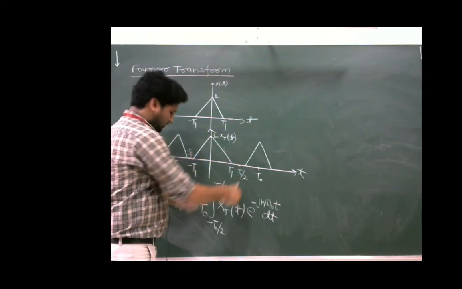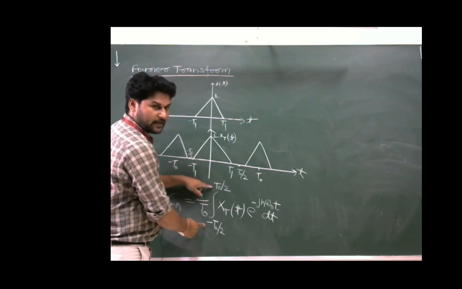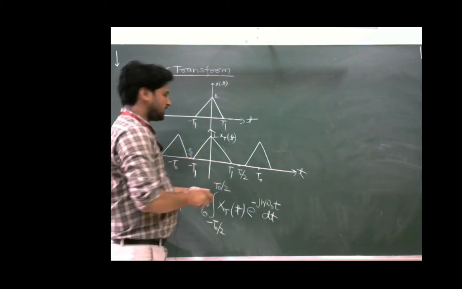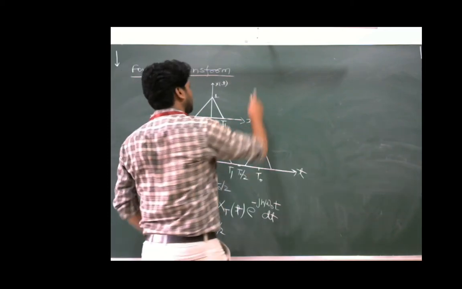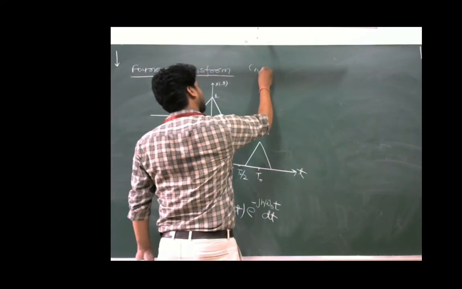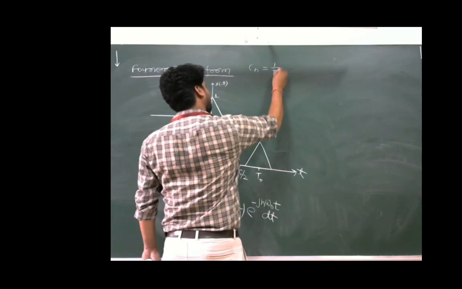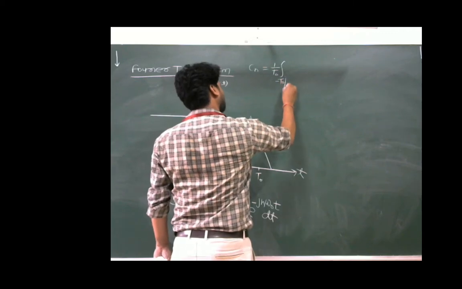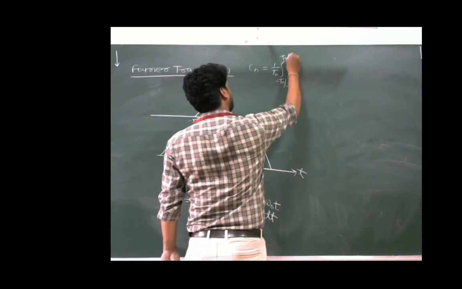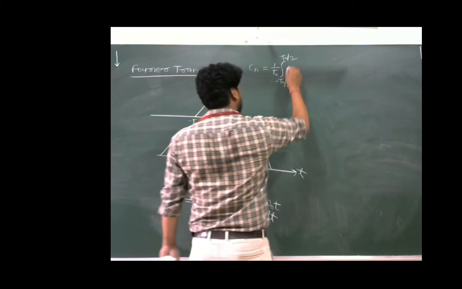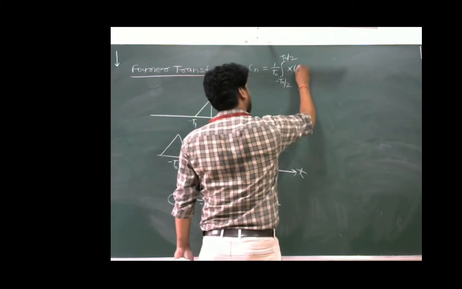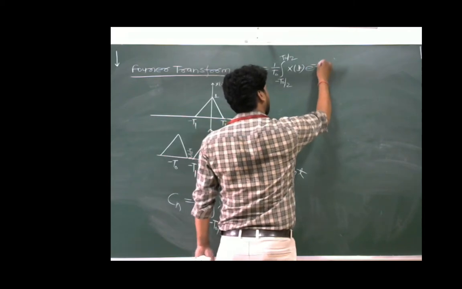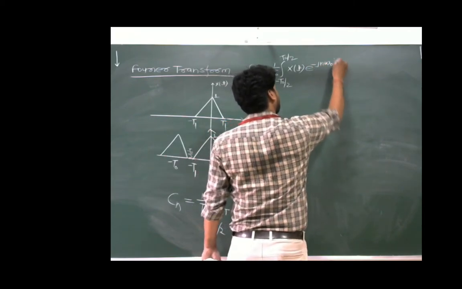So this coefficient Cn can be written as Cn is equal to 1 by T naught integration from minus T naught by 2 to T naught by 2 x(t), meaning this signal, into e power minus j n omega naught t dt.